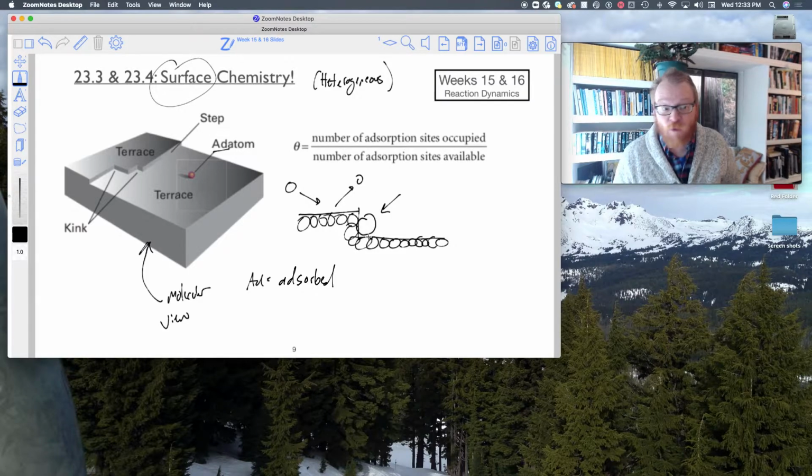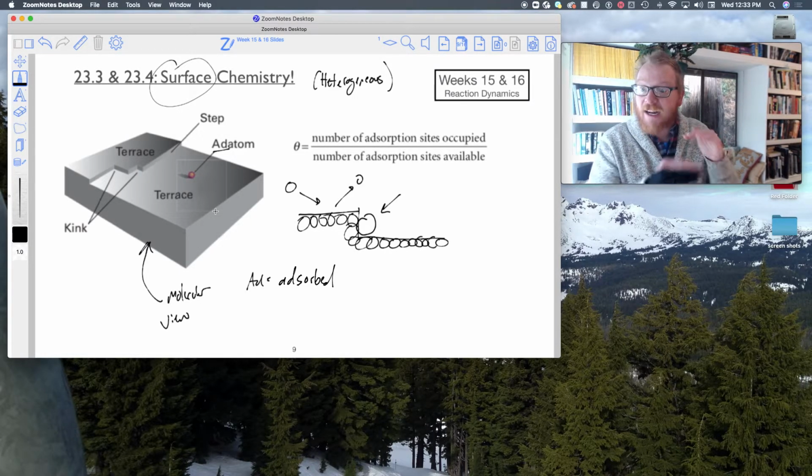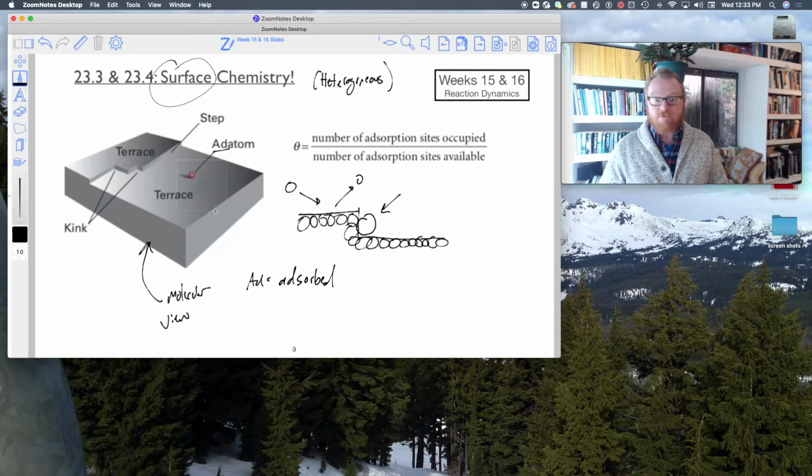Molecules typically have great affinity for steps and kinks, as I said, but it's certainly not uncommon to find them stuck to terraces, okay? So often catalysts that have been roughened, that are not atomically smooth, work really well because those things that have those rough defects are great places to bind add atoms.